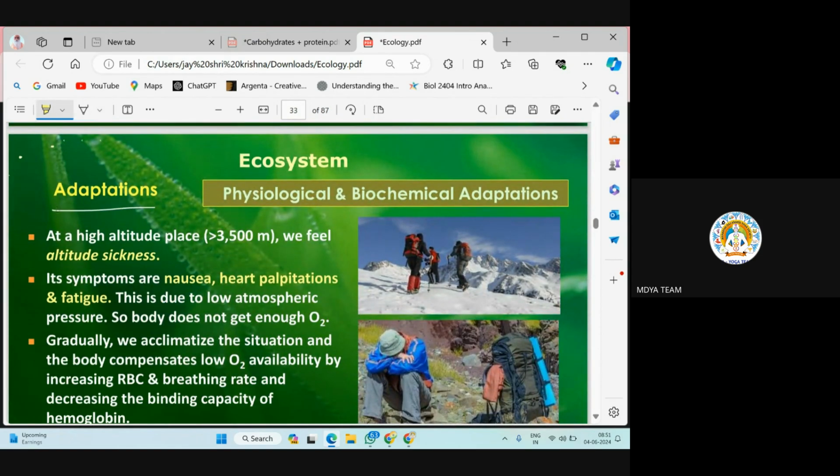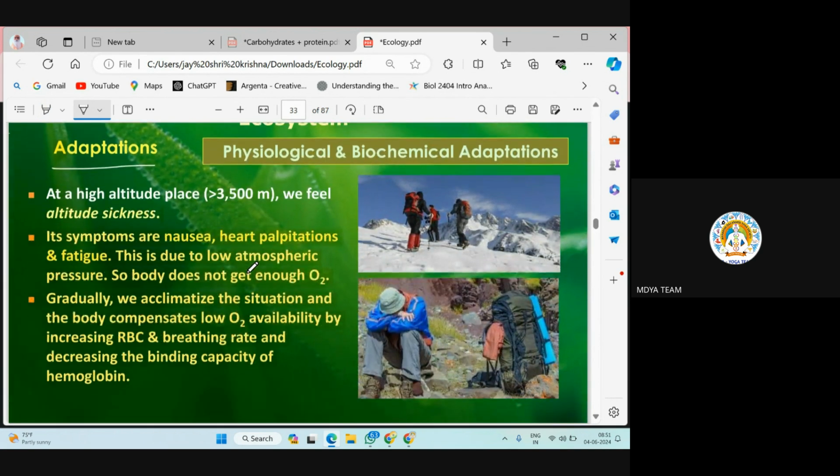Next, some adaptation. As I already told you, if we go upward on a mountain, what will happen? The oxygen will decrease. That decreased oxygen can cause headache, weakness, fatigue, and some more issues because of low oxygen.